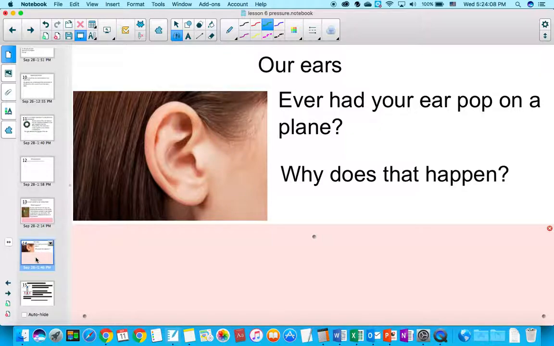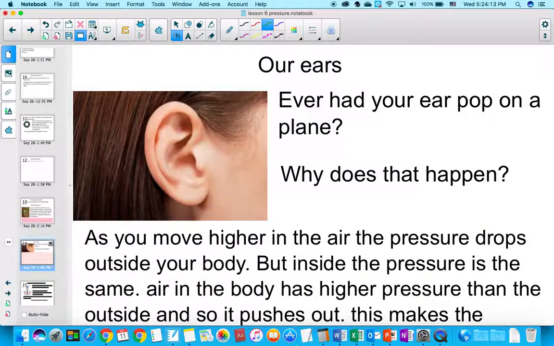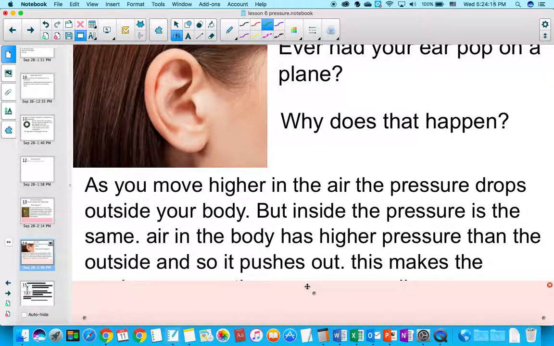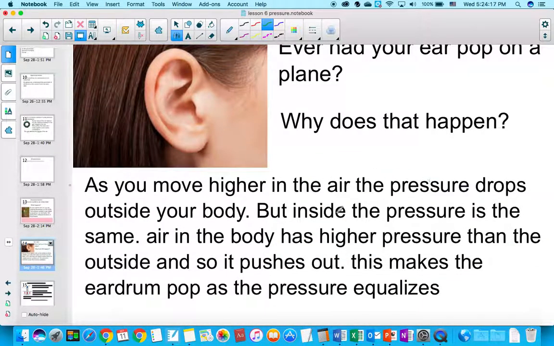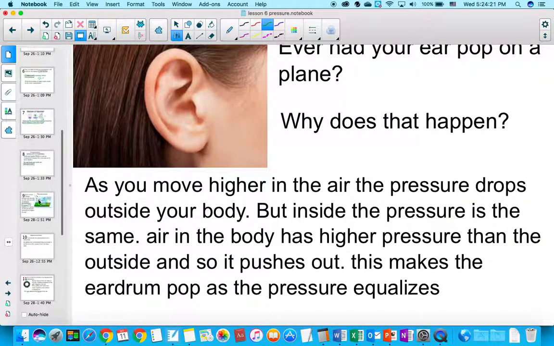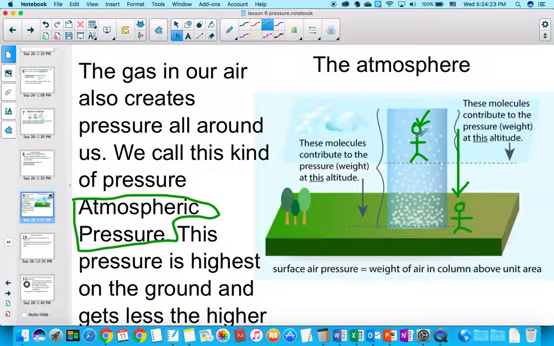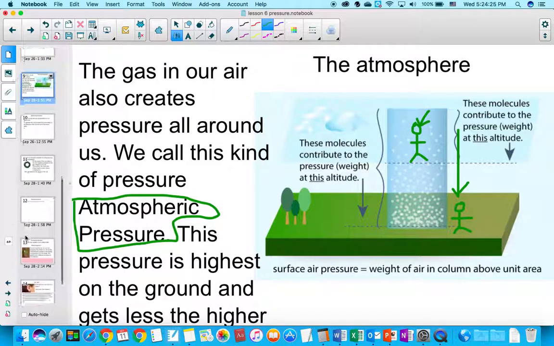So our ears, have your ears ever popped on an airplane? Well, this happens because of pressure. As you move higher, pressure drops outside your body, right? And we go back to this picture. When you're high up in an airplane, pressure is really low up there.